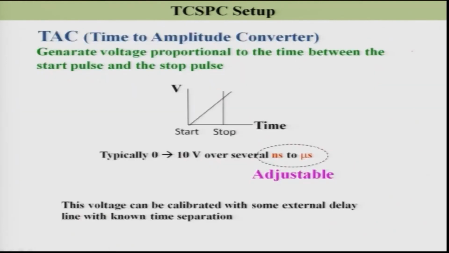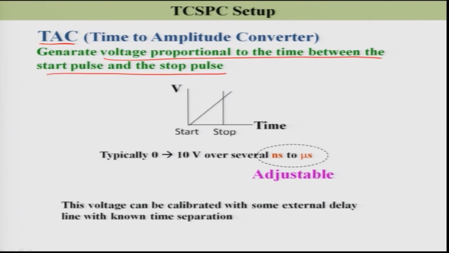Okay, so now let us discuss this time to amplitude converter, the TAC. As I said earlier, this is a kind of stopwatch, but it is actually based on a capacitor. It generates a voltage proportional to the time between the start pulse and the stop pulse.